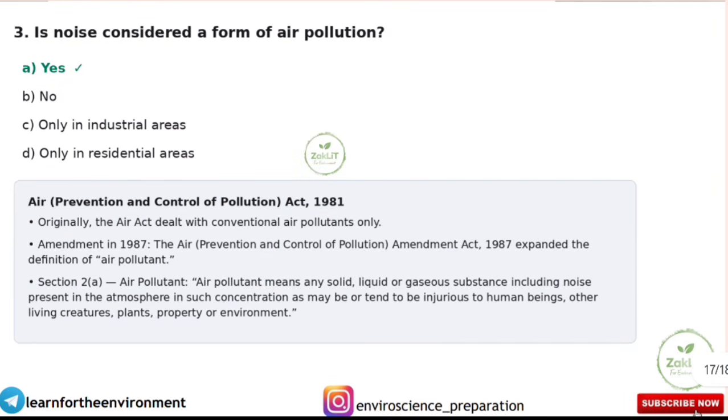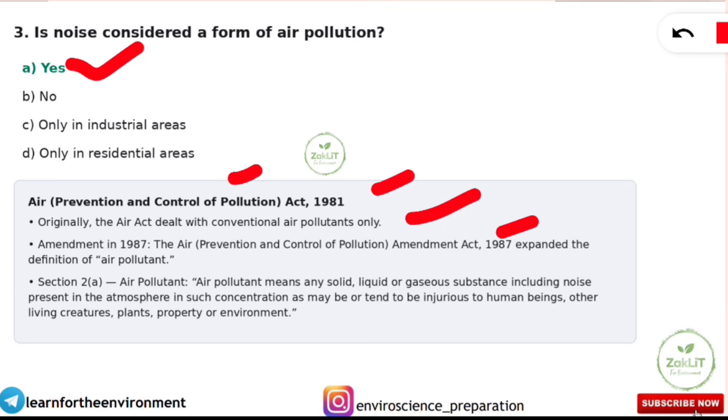Is noise considered a form of air pollution? The question is again from noise. Yes, noise is also considered a form of air pollution. So the Air Prevention and Control of Pollution Act was in 1981, which originally dealt with the conventional air pollutants only. But with its amendment in 1987, it became the Air Prevention and Control of Pollution Amendment Act 1987. It expanded the definition of air pollutants as per Section 2A.